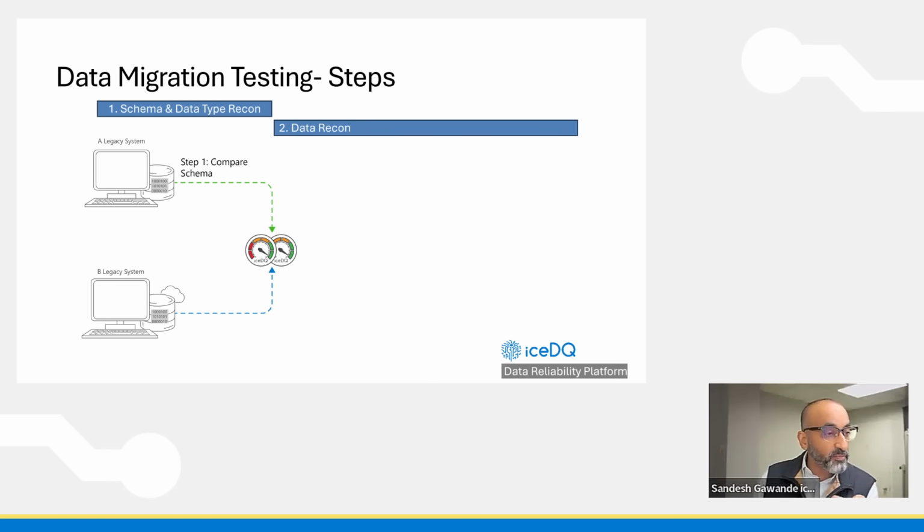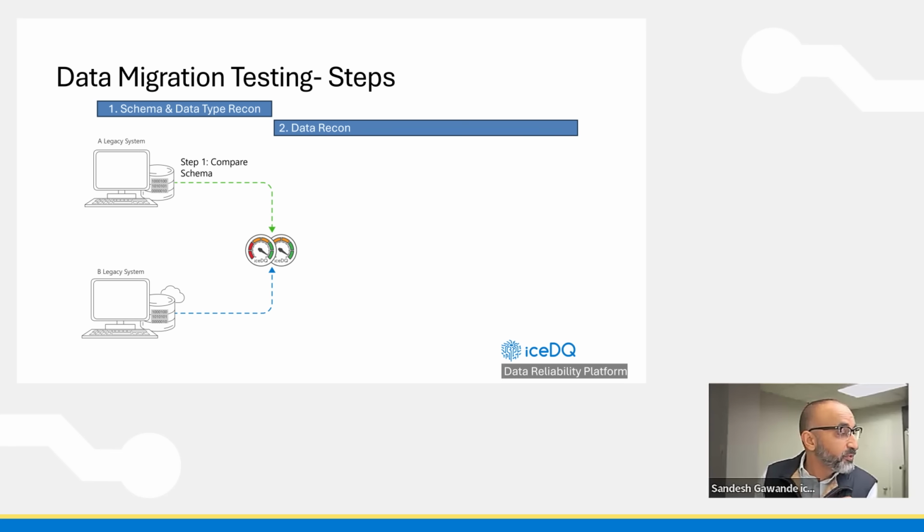And then the second part is you need to ensure the data types are equivalent, because let's say you go from an Oracle database to a Snowflake database, the data types are slightly different. Here it is varchar2, there it might be string. So you need to make sure that they are equivalent, if not the same. That's what I mean by similar. So step number one is the schema reconciliation, and I'll show you how we do it in the product.